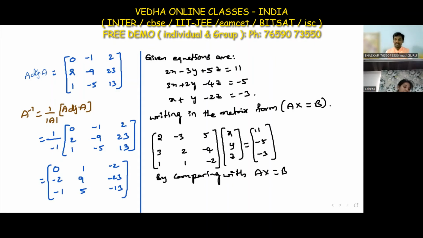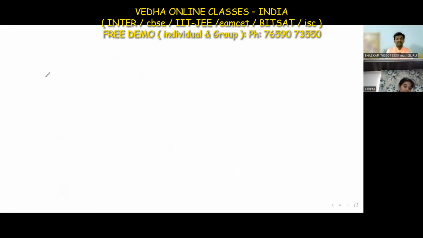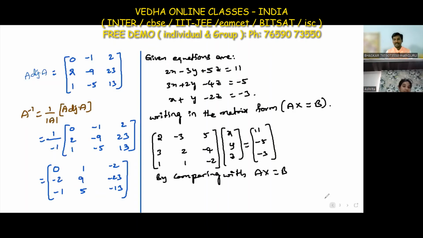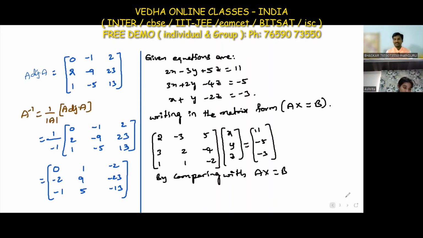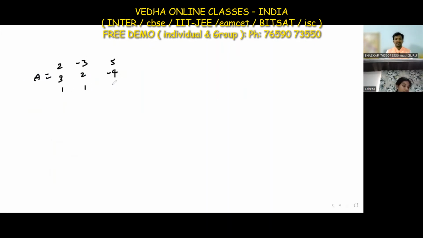A is equal to 2 minus 3, 5. So here we do directly A inverse into B, then we'll get the answer. Yes, it's correct. 2, minus 3, 5, and 3, 2, minus 4, and 1, 1, minus 2.